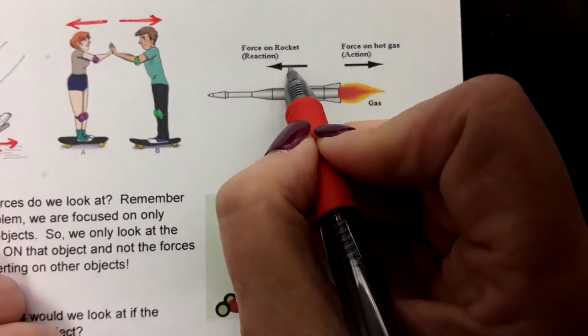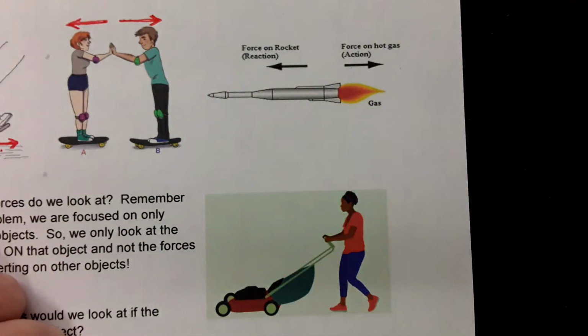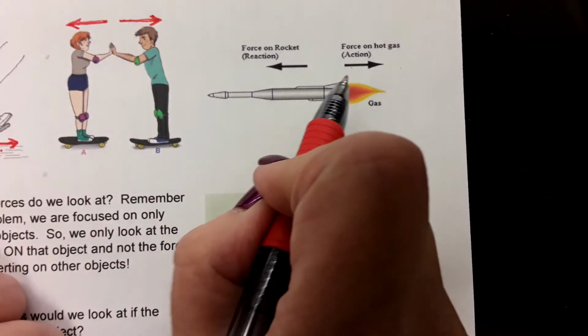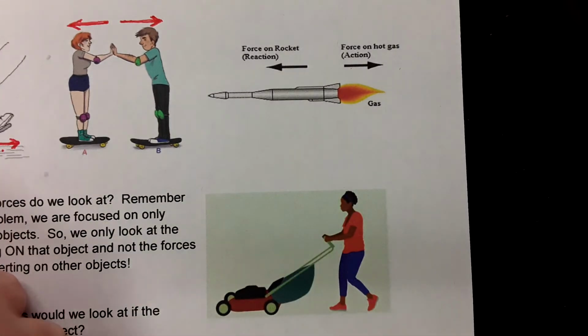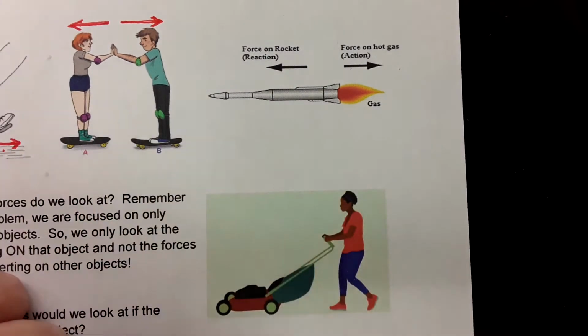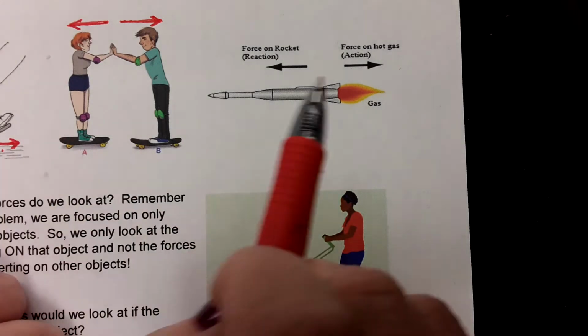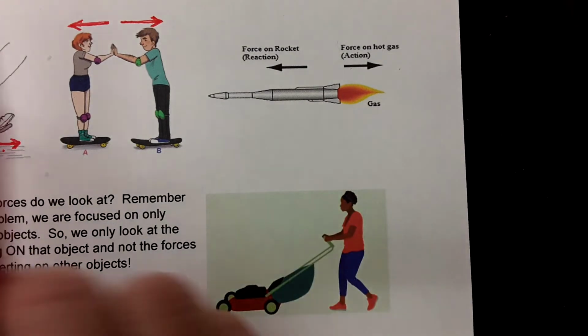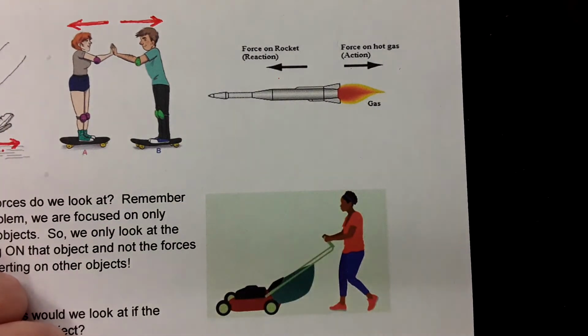Okay, the two forces are equal in numerical value. They're just opposite in direction. As long as the rocket engine is firing and expelling the flame, the gas, then the rocket will accelerate forward. If you turn off the engine, whatever speed the rocket has at that point, it'll maintain until you turn on the rocket engine again, okay?